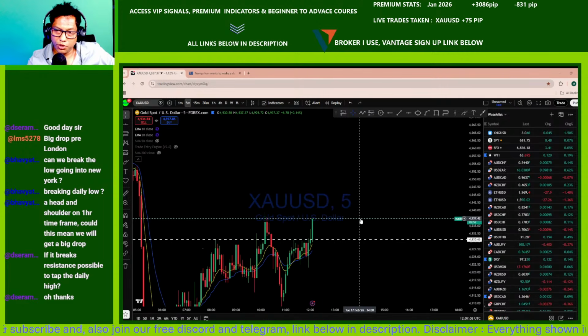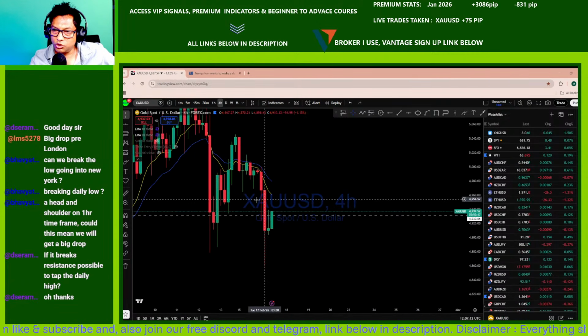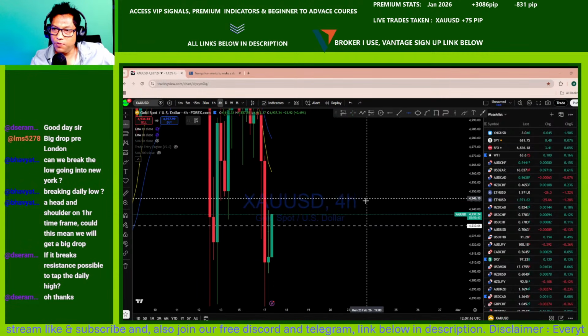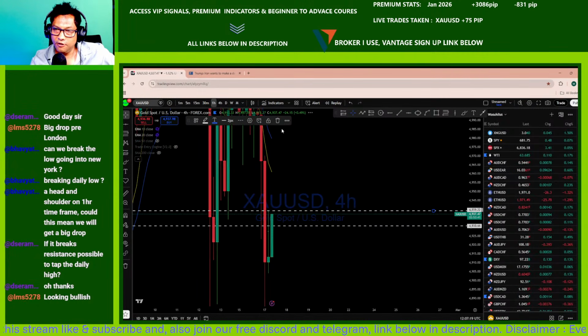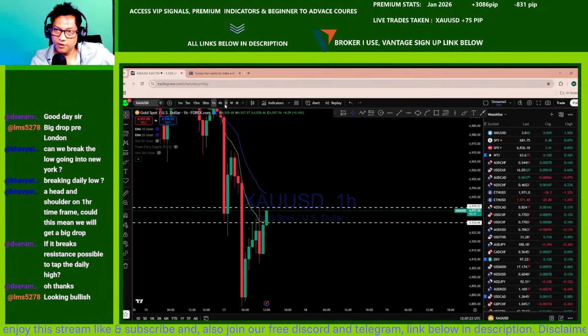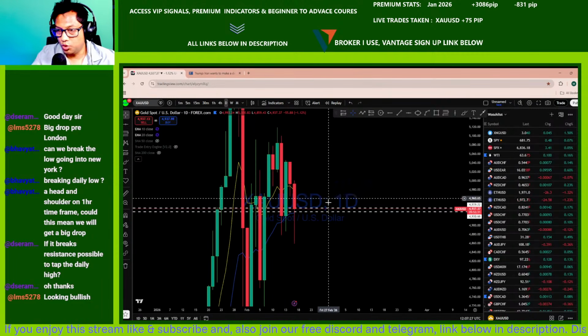Okay, so it's breaking that high here, and we are seeing the market slowly breaking the previous session's high, and there might be a trading opportunity coming here. Still, it's trying to break that high. If you look at the daily, the market is just above the daily 20 EMA.